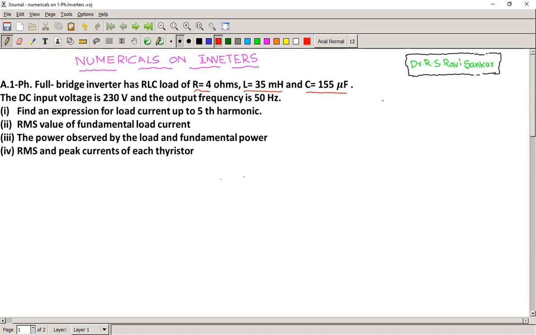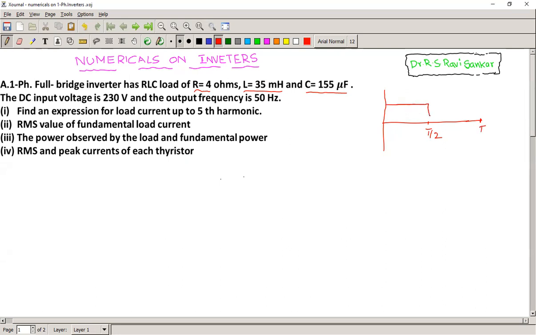In case of full bridge inverter, this is the output voltage waveform. T by 2 of the time period. This is the total time period.